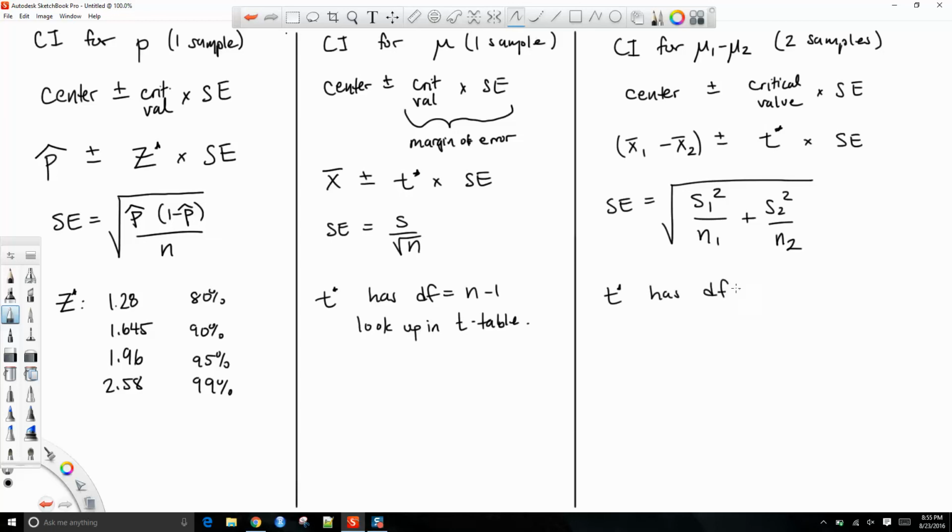T star has degrees of freedom equal to n minus 1. Use the smaller of n1 and n2. And you look it up in the table. Okay, and so that's how we create our confidence interval.